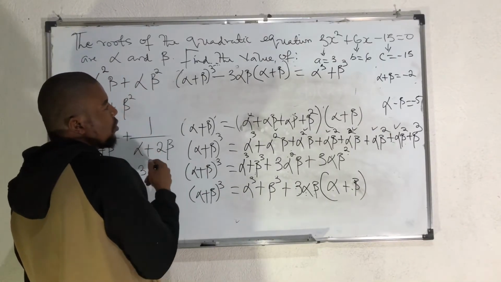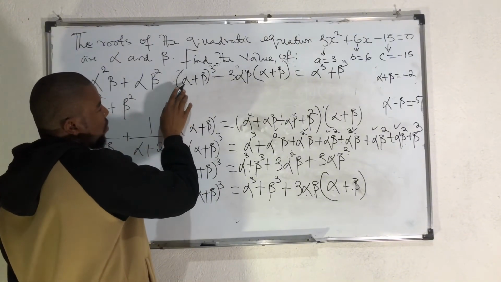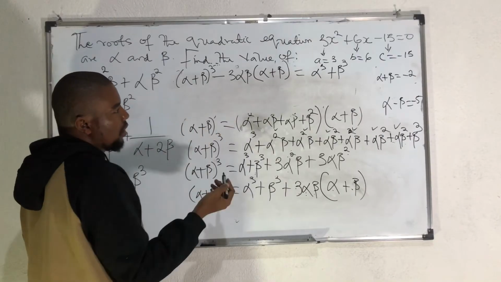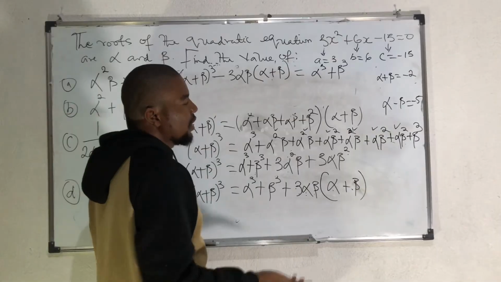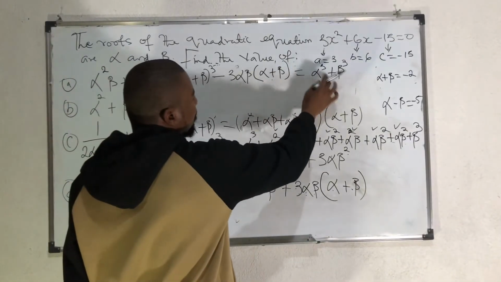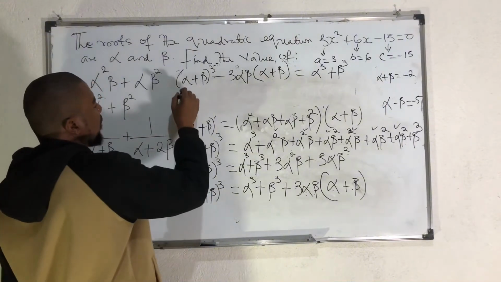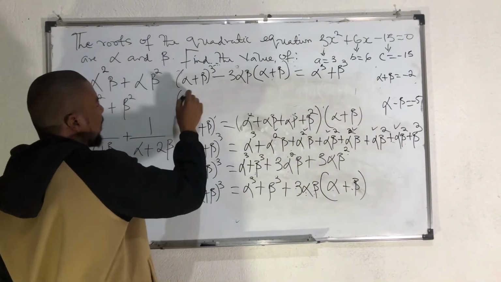Let's now plug in our values and solve. Why? Because we now have the sum. You see it here, we have alpha plus beta, it's complete. We have alpha beta, it's also complete. We also have alpha plus beta. Therefore, we can now solve for the value of alpha to the power of 3 plus beta to the power of 3 by substituting. Alpha plus beta is equal to negative 2.